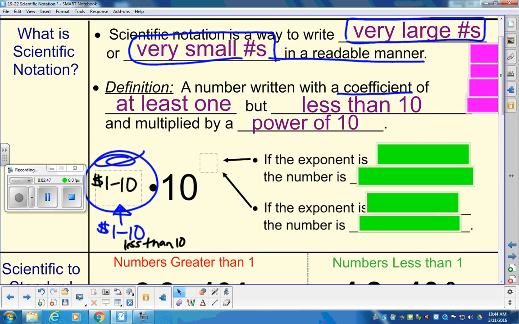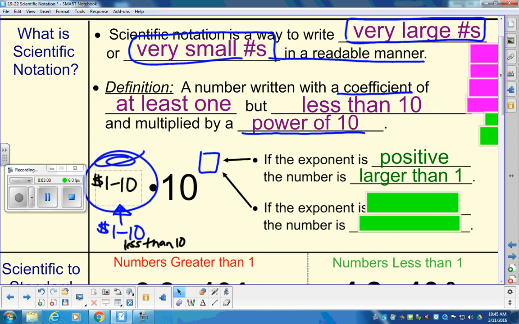Then we have this multiplication by 10, because it says multiply by a power of 10. The key is the sign of the power. If the exponent is positive, it means the number is really large, something really big, like trillions, quadrillions, and things like that, like the amount of money I have.